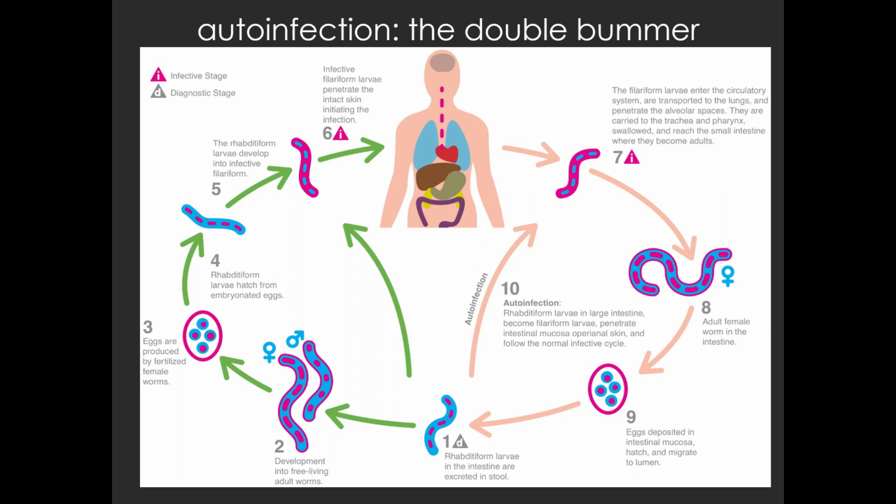You can get an autoinfection with these strongyloides as well, right? So they become filarial in the large intestine, and they can penetrate the intestinal mucosa and follow the normal infective cycle within the body, right? They can also do that outside of the body. So you end up with these terrible multiple infections of this organism.